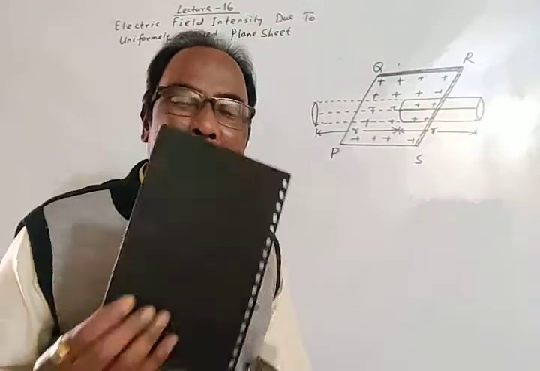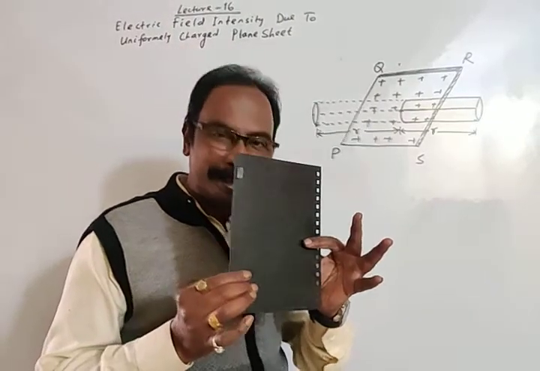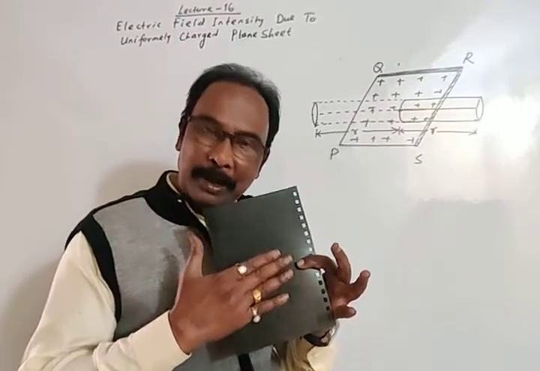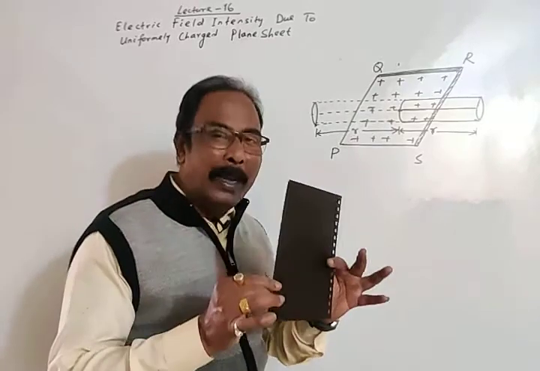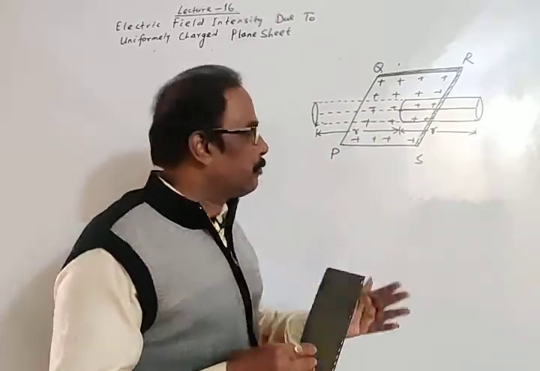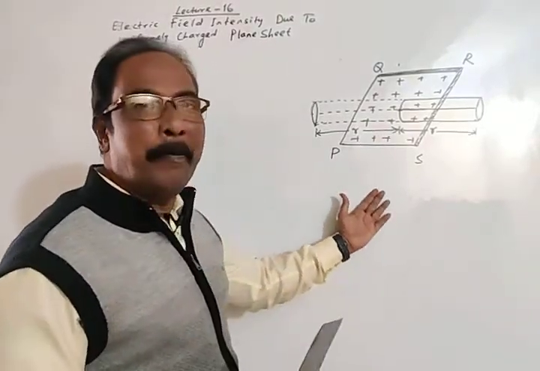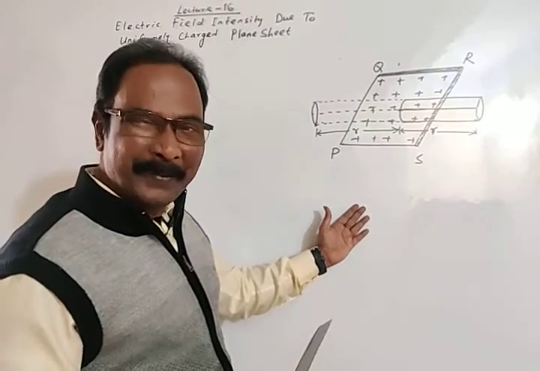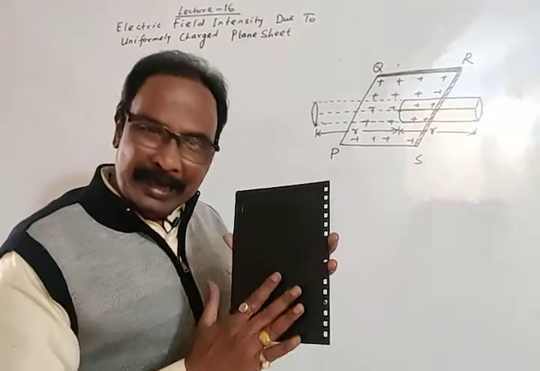Say students, suppose this is the plane sheet, and this sheet is given some charge. I am holding the sheet like this. This is the plane of the whiteboard, and this is the plane of the sheet.